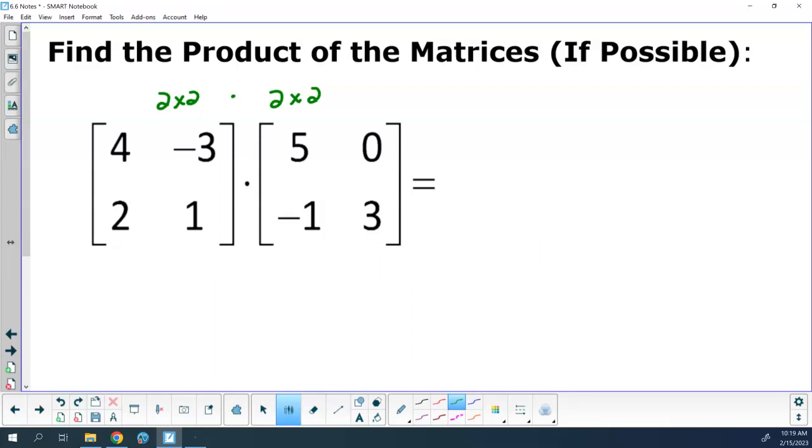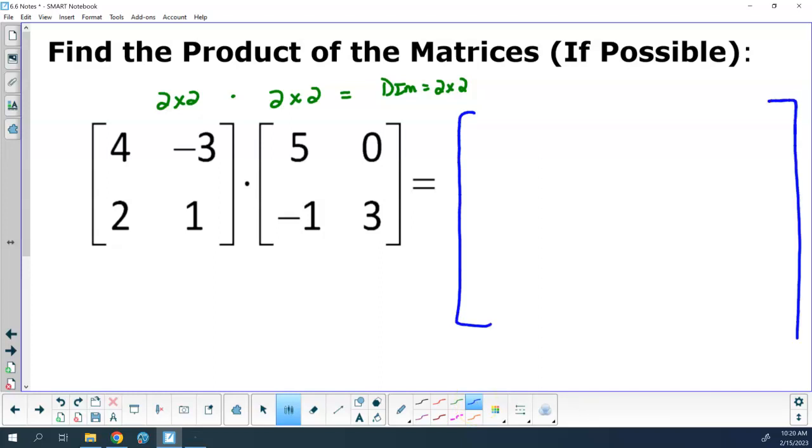Yes, and my resulting dimensions are going to be, so I'm going to draw myself a big 2 by 2 matrix.